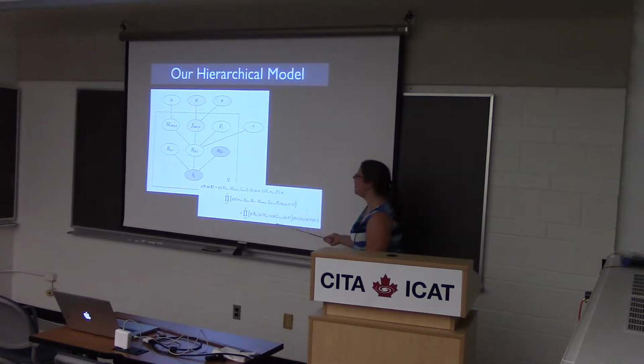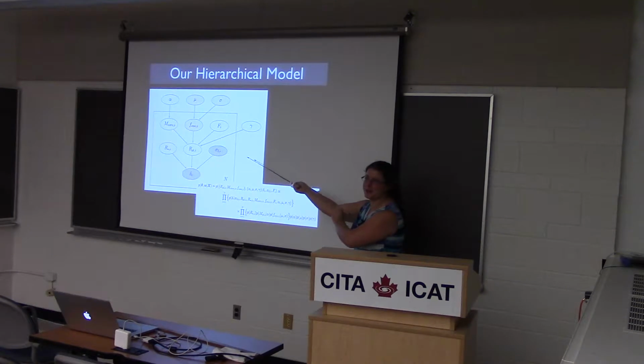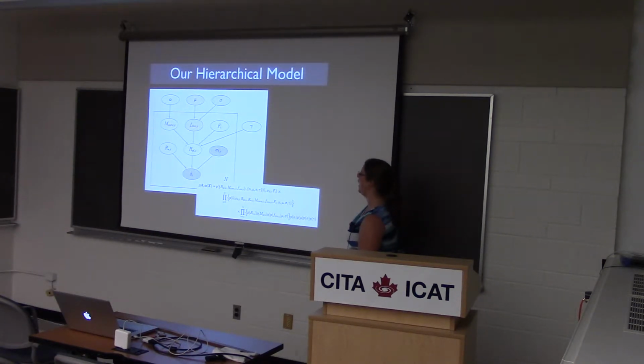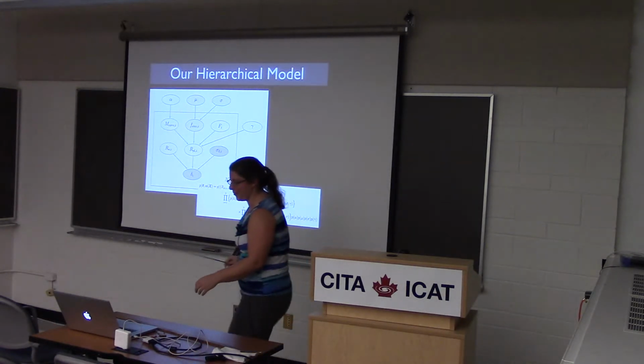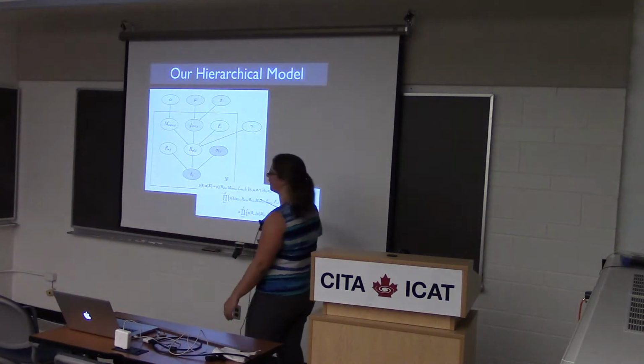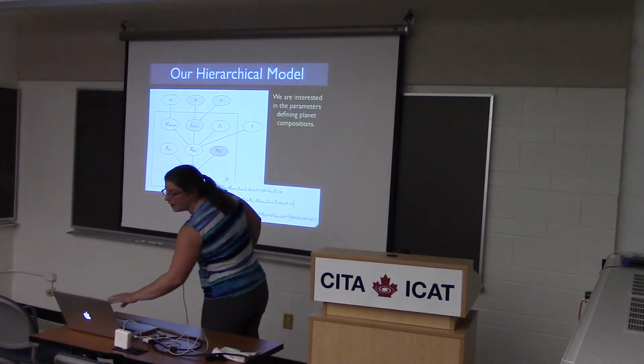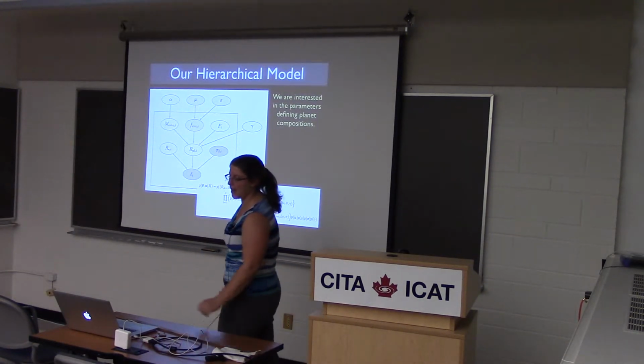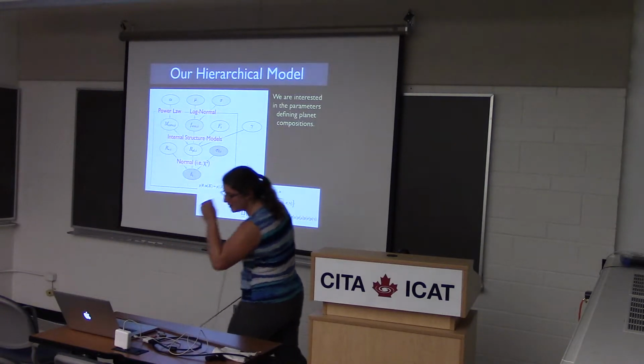You can see why, as soon as we go hierarchical, this becomes a natural way to display what's going on. You can take a look at my paper if you're interested in how exactly I got to this point. We're interested in the parameters defining the planets' compositions.